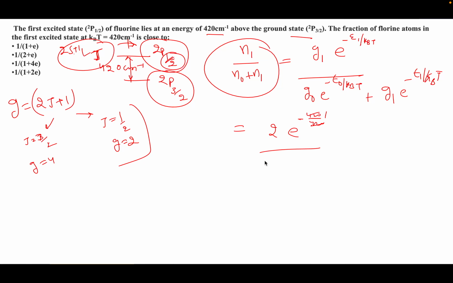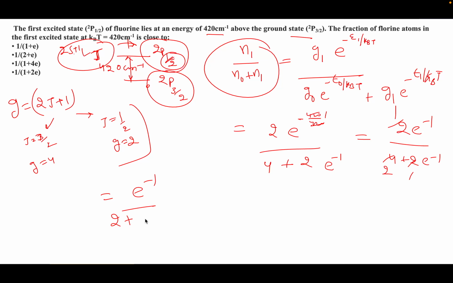And here g naught is 4 and E naught, let's say, is 0, so e to the power 0 is 1. The denominator is 4 plus 2 e to the power minus 1. So this is 2 e to the power minus 1 divided by 4 plus 2 e to the power minus 1. If we divide by 2, this gives e to the power minus 1 divided by 2 plus e to the power minus 1.